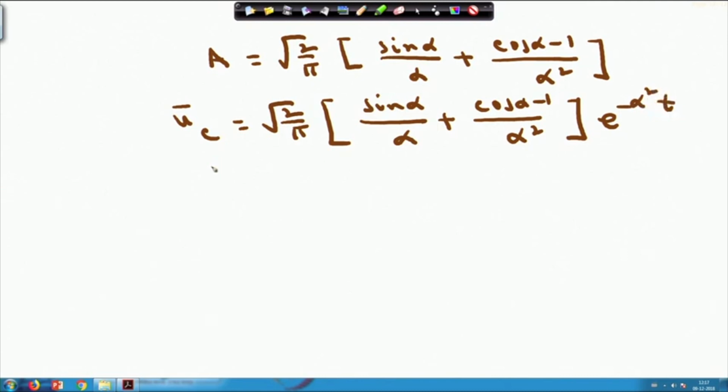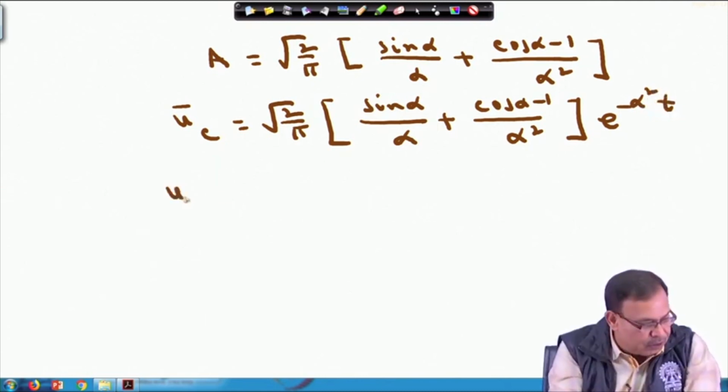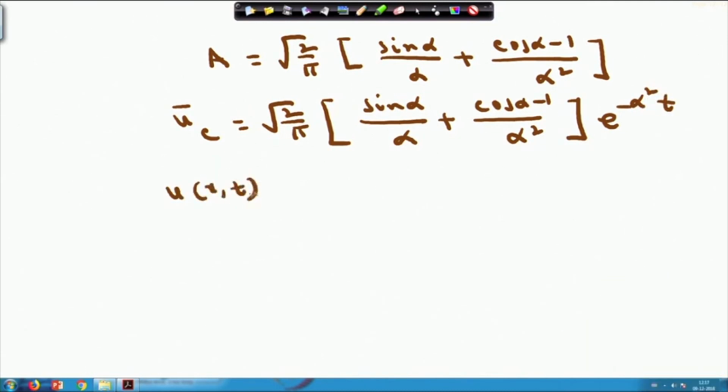And once I obtain u bar c, I can always write down u x t using the inversion formula, root over 2 by pi, 0 to infinity, u bar c into cos of alpha x into d alpha.